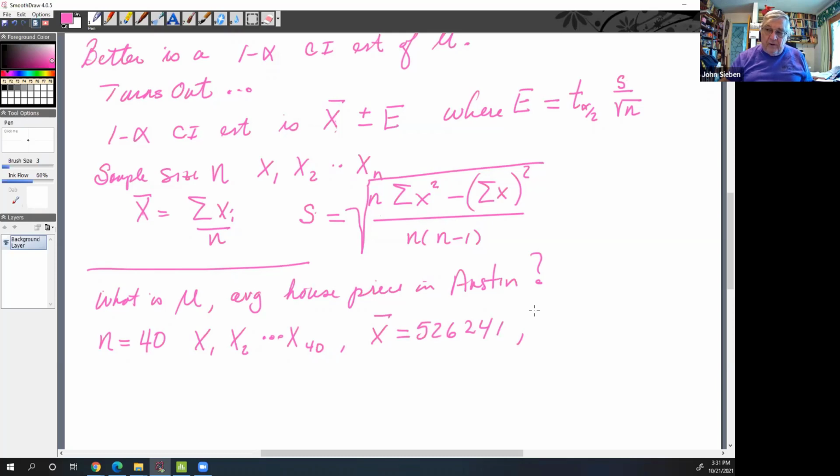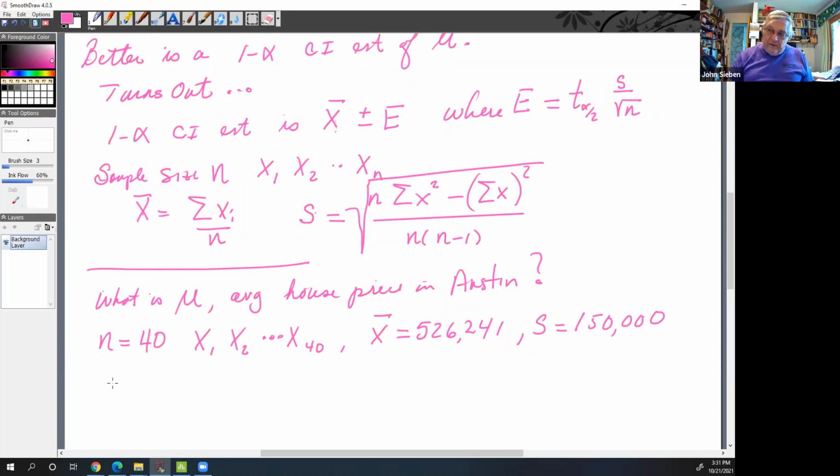And from that sample, I computed S. Here's the formula for it. Or I could use technology to help me. And I found that S was 150,000. So I'll go ahead and put in commas here and here.